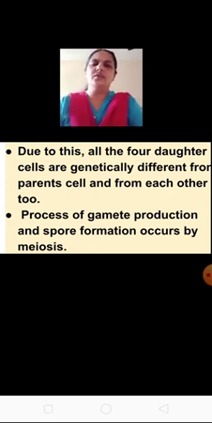Mitosis is for restoring emaciated body, for formation of red blood cells, for the growth of the body. But meiosis is needed only for gamete production, that is, in the reproduction process. In plants, it is spore formation.